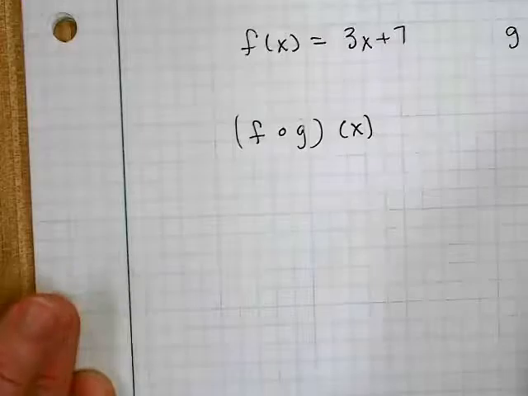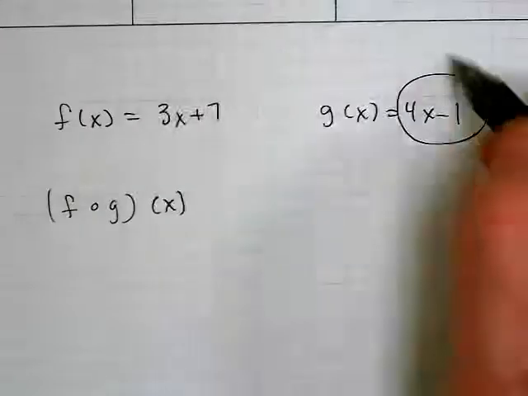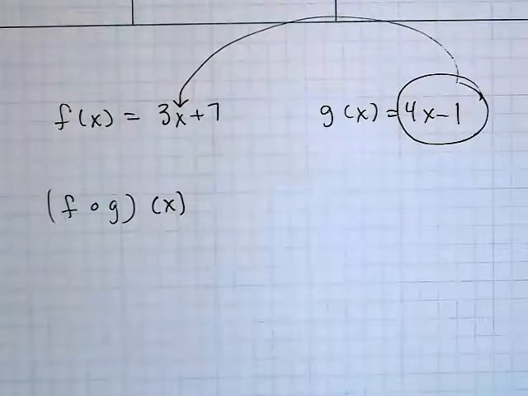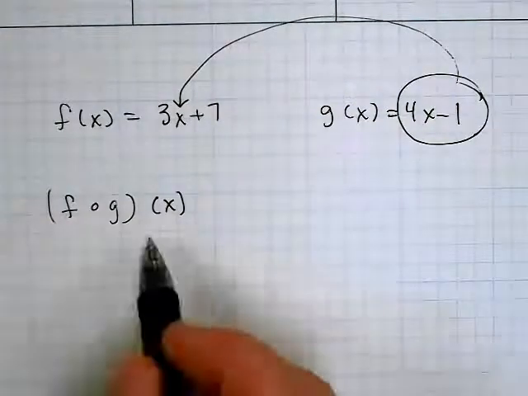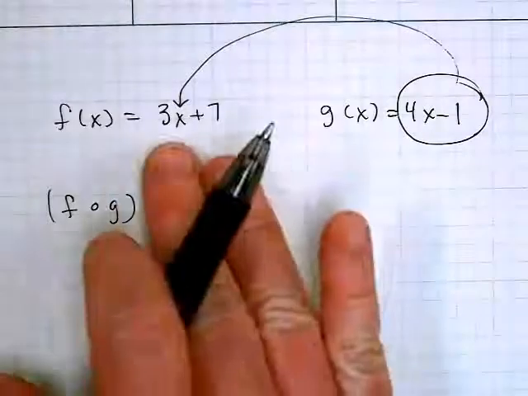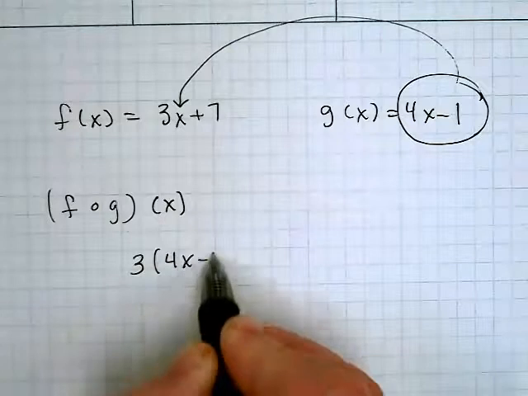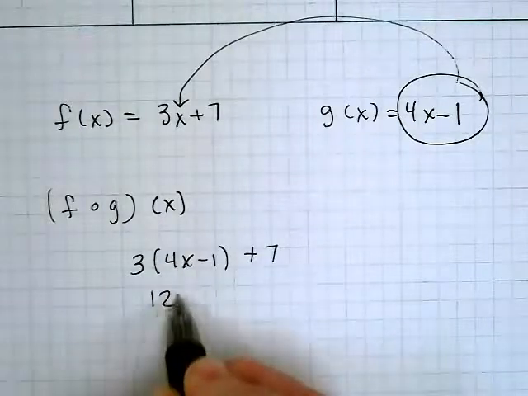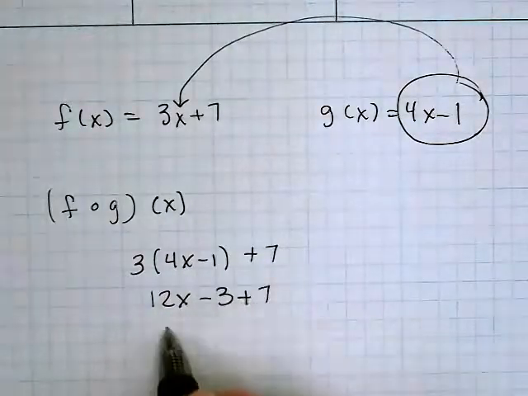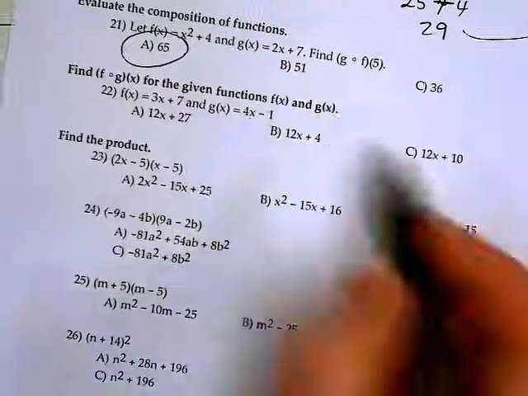So they want you to take the g function and put it in place of x in the f function. 3 times 4x minus 1 plus 7. 12x minus 3 plus 7. 12x plus 4, which is answer choice B.